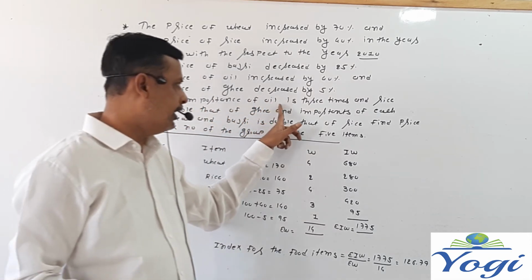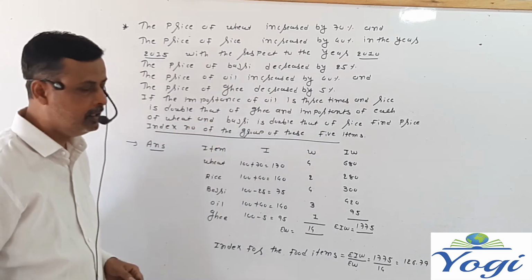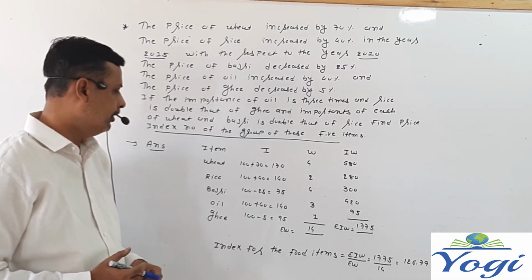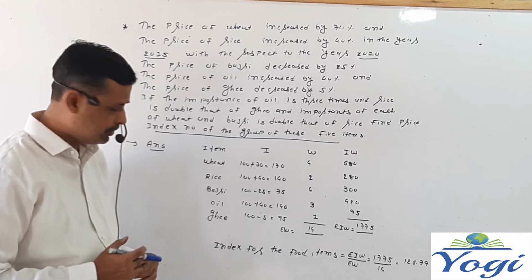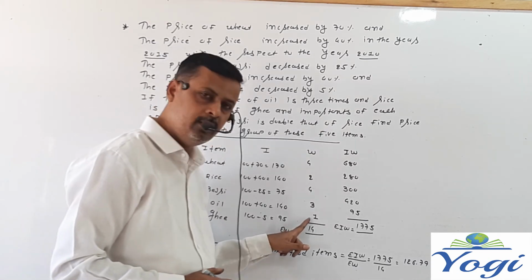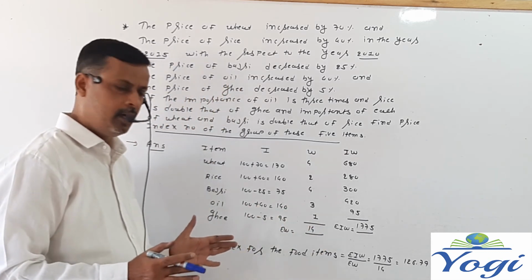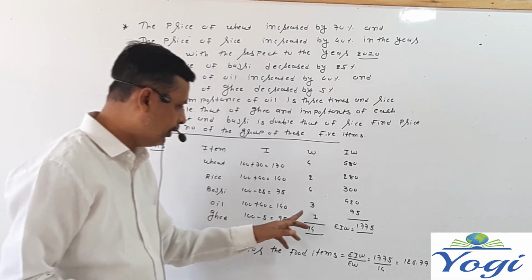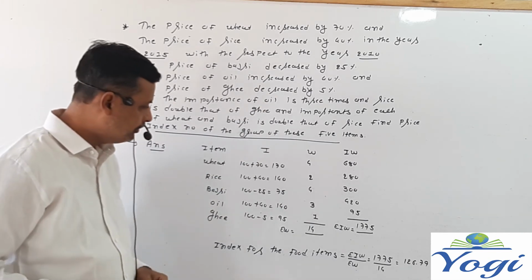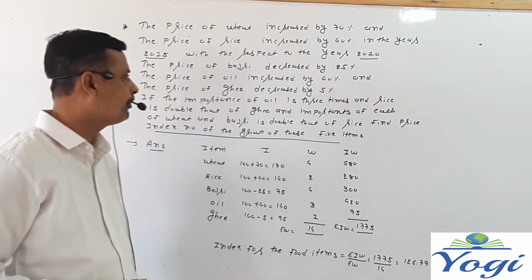The importance of oil is 3 times and rice is double that of ghee. So here we take, suppose, importance of ghee as 1. You can take any value, but for easier, here I am taking ghee importance as 1 and oil importance is 3 times of ghee, so 1 multiplied by 3 becomes 3.